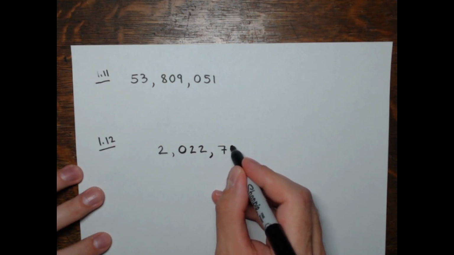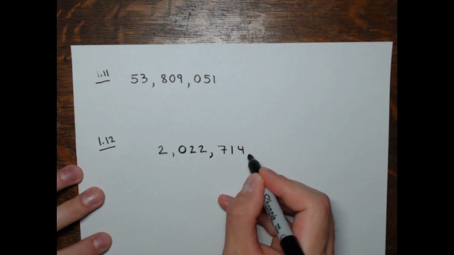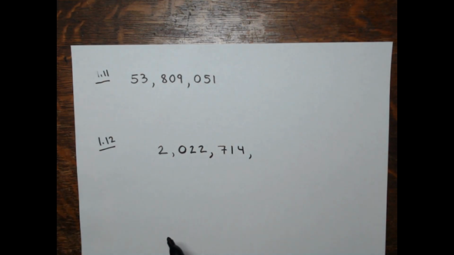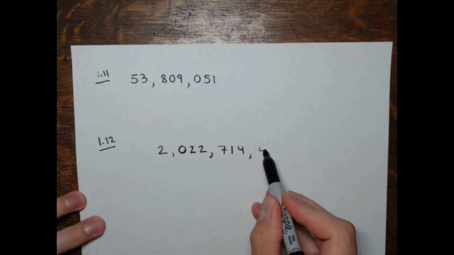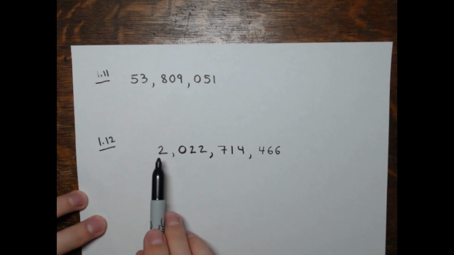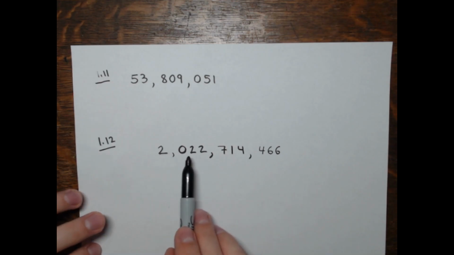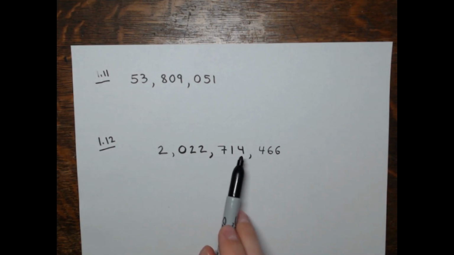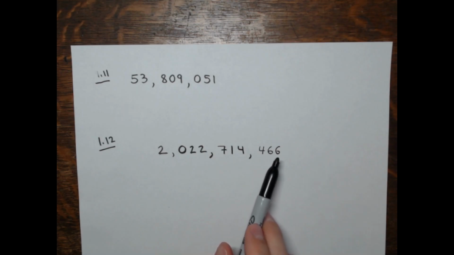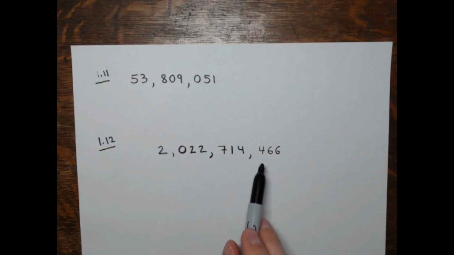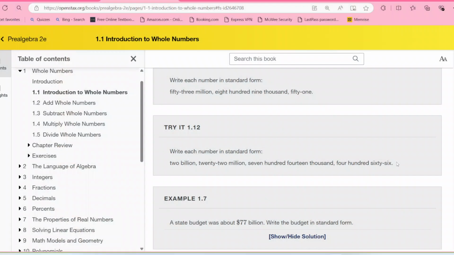So 7 in the 100,000, 1 in the 10,000, 4 in the 1,000. 714,000, comma, and then 466 in the ones period, 466. So there's 2 billion, 22 million, 714,466. 2,022,714,466. Let's check that out.